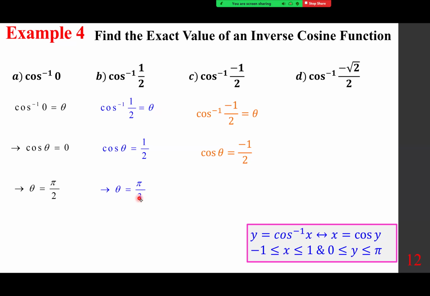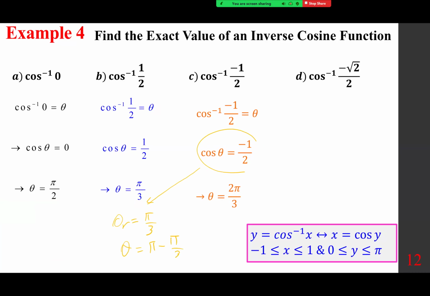When it's negative 1/2, it has the same reference arc. Now for this one, the reference arc would be pi over 3. So subtract this from pi in the second quadrant, and the answer is 2 pi over 3.